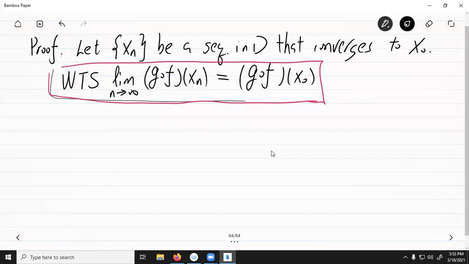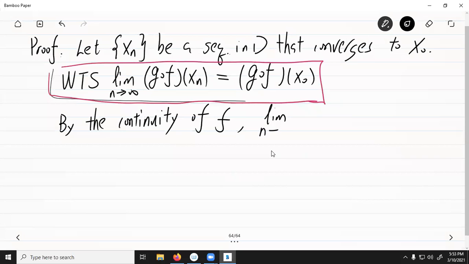Okay. So how to show that? By the continuity of the function f, the limit as n approaches infinity of f of xn would be equal to f of x naught. Right, this is the condition we have.